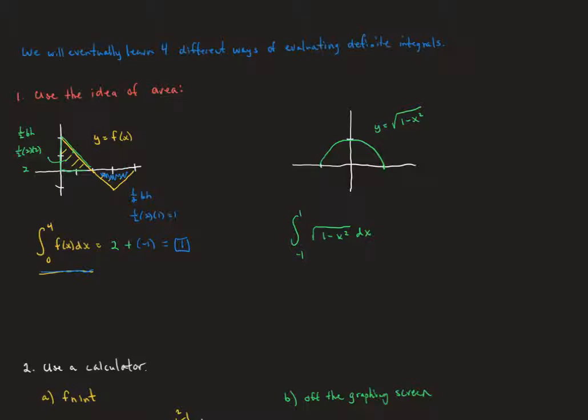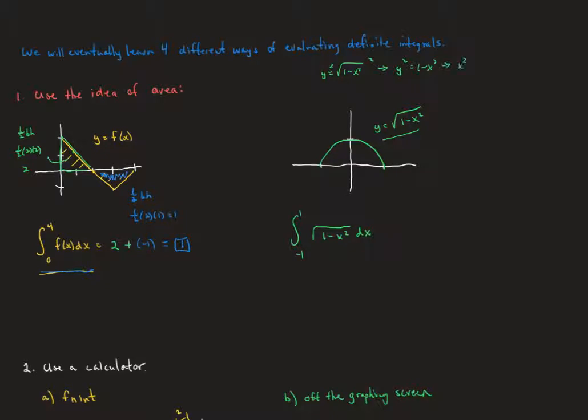Now, the second one we're looking at is, here is our curve, y equals the square root of 1 minus x squared. You may recognize that as a semicircle. If you don't, square both sides: y squared is equal to 1 minus x squared.